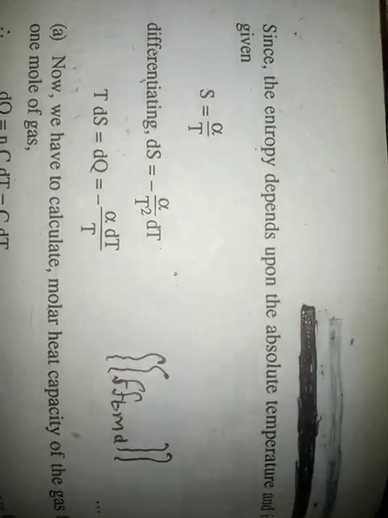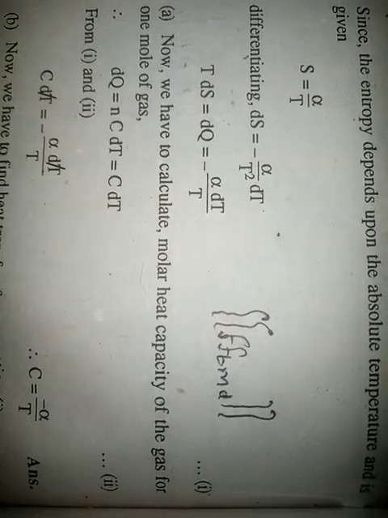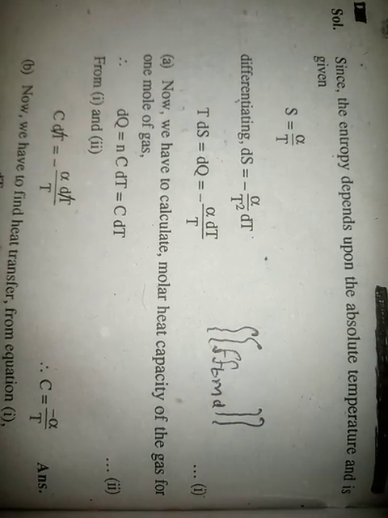Solution. Since the entropy depends upon the absolute temperature and is given by S equals alpha by T, differentiating, dS equals minus alpha by T squared times dT, or T dS equals dQ equals minus alpha dT by T. Now we have to calculate the molar heat capacity of the gas for 1 mole of gas.